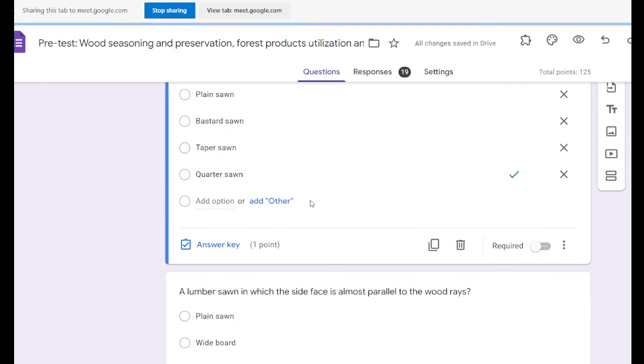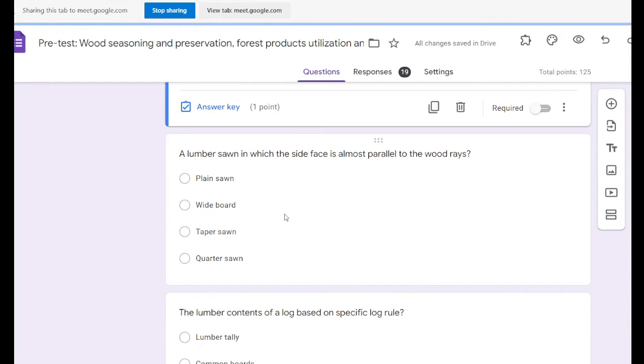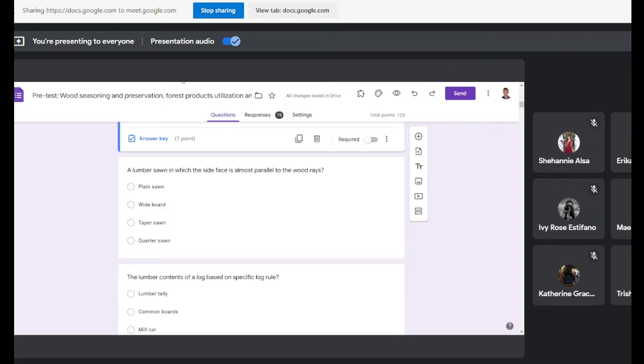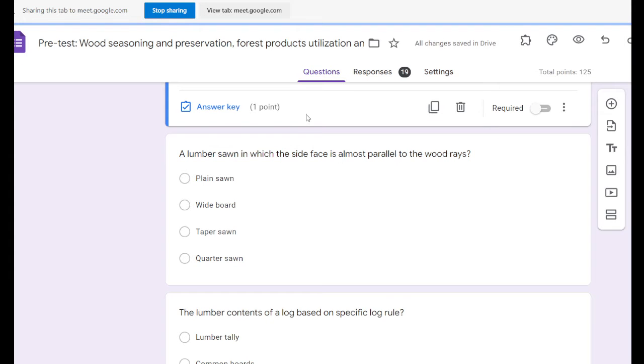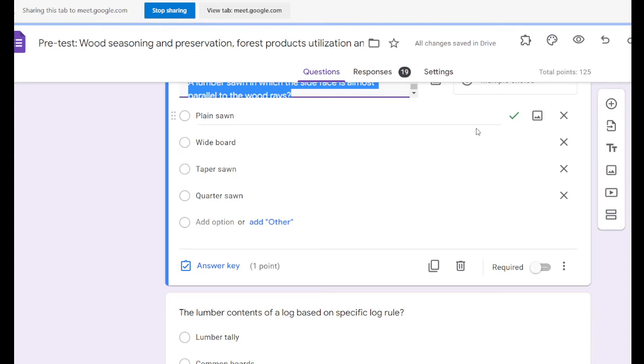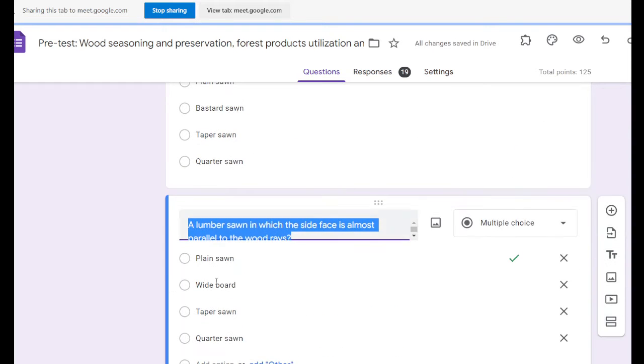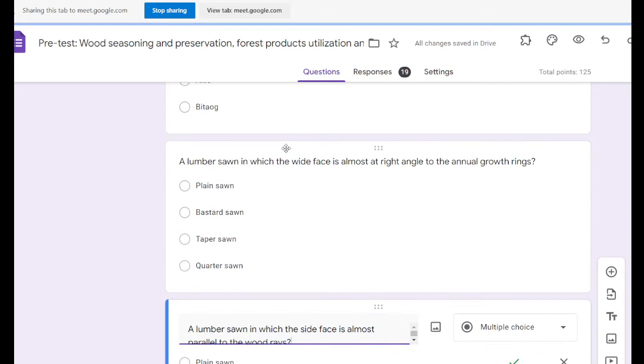Right. Next, a lumber in which the side face is almost parallel to the wood rays. Rigid. Plain sawn. Yeah, answer for this one is plain sawn. Pero ma-imagine ninyo, ma-figure out ninyo kung plain sawn o quarter sawn ni.